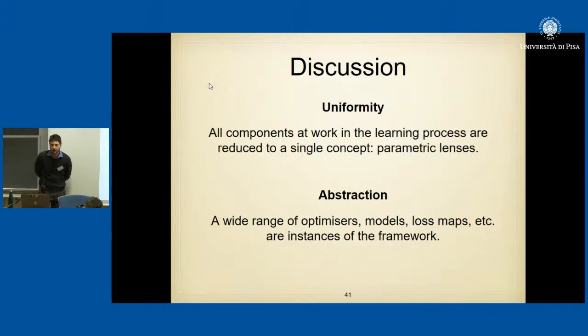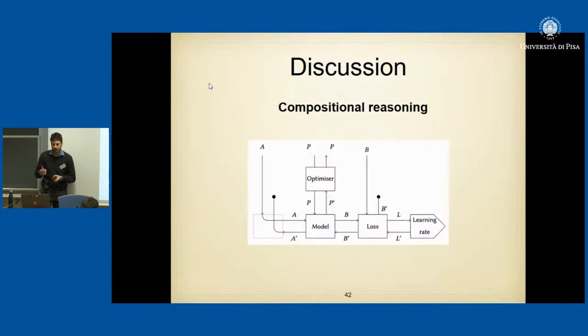All components at work were reduced to a primitive concept, the one of parametric lens, which we identified. We managed to abstract different kinds of gadgets, devices, techniques, models, and so on. In terms of this concept, in particular, we covered different optimizers, different models, Boolean and neural networks, also different loss maps, which we didn't cover, but which are in the papers if you want to look at them. They are all instances of the same picture.